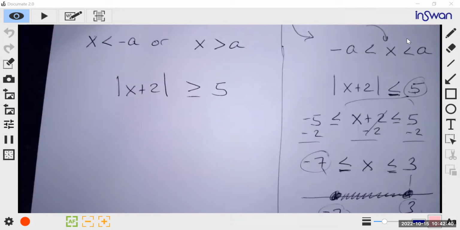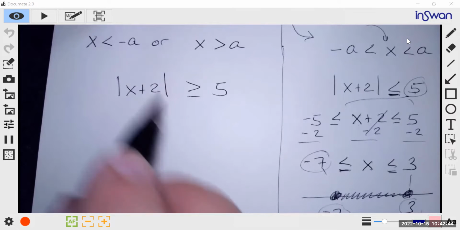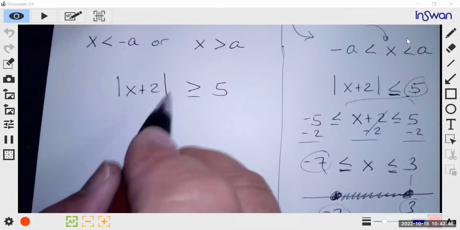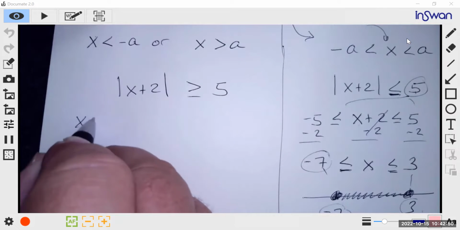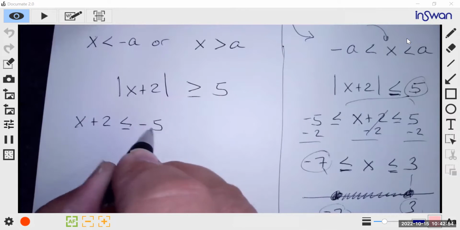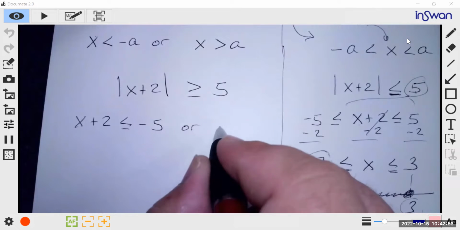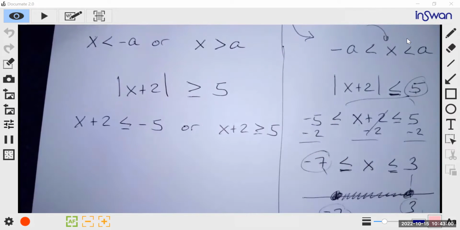The absolute value is isolated. It's by itself here, we don't have to move anything else. So now we can drop the absolute value. Then x plus 2 can be less than or equal to negative 5, or x plus 2 can be greater than or equal to 5.